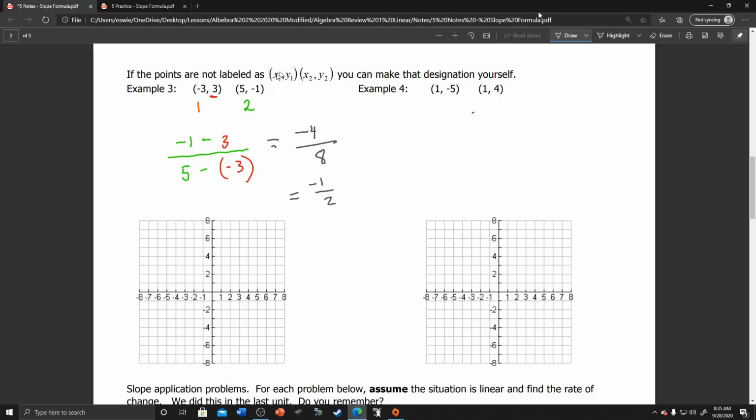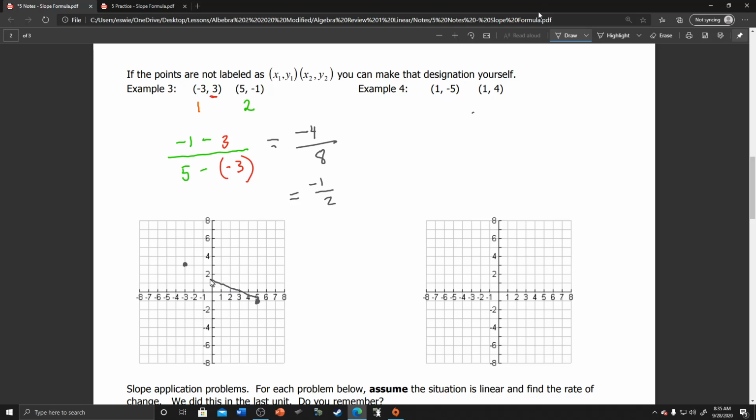And let's look at the points plotted: -3, 3, and 5, -1. Oh, that's a terrible line. It's hard to draw on this tablet sometimes.